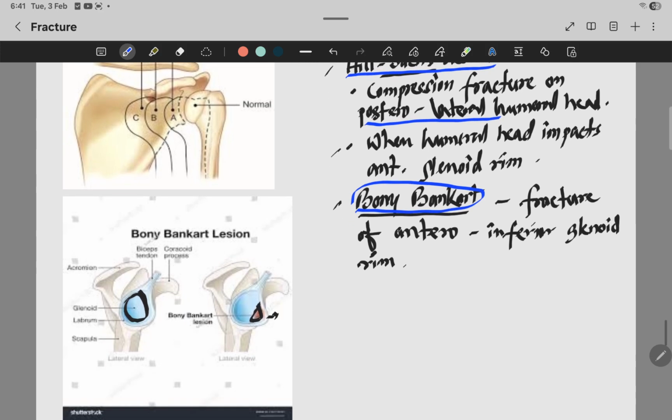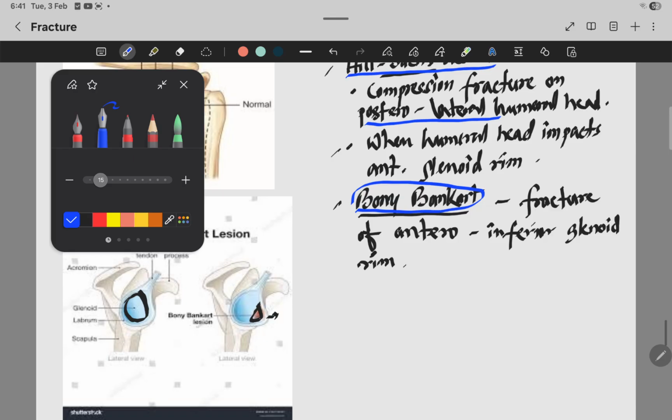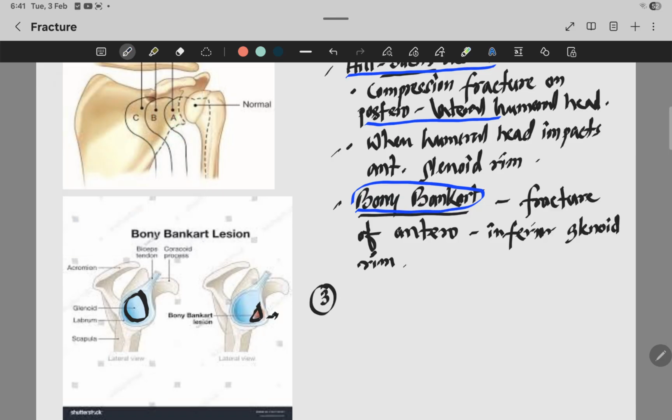Now we'll go to number 3, the muscle and tendon damage.